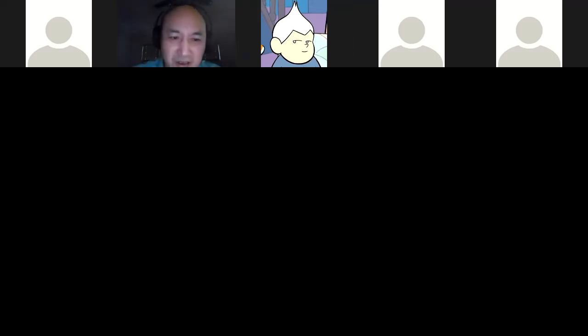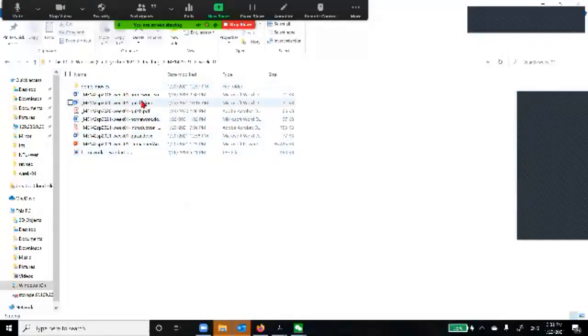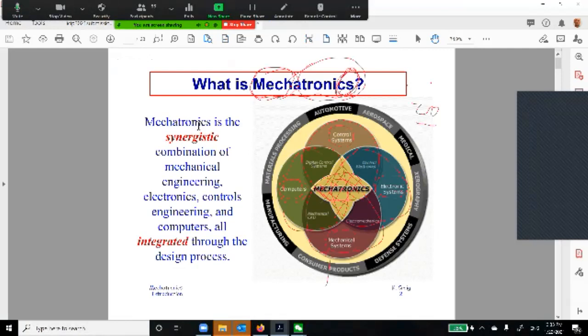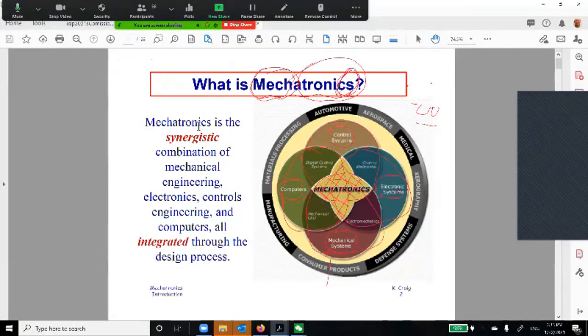Let me do the screen sharing by allowing the video and audio as well. Okay, so we said that we are going to talk about what is mechatronics, what does that mean? So we're going to continue with that. It is a synergistic combination of mechanical engineering, electronics, control engineering, and computers, all integrated through the design process.